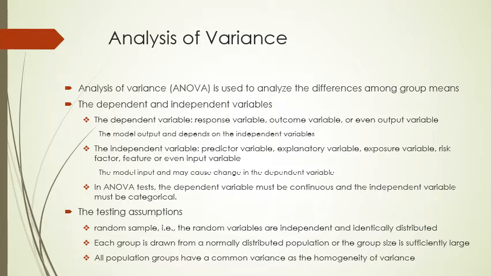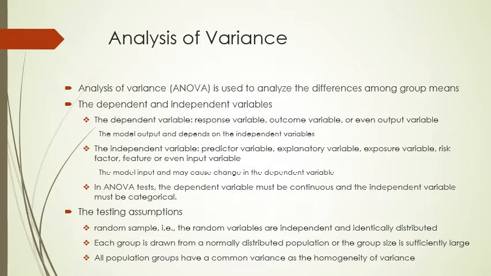It is the model output and depends on the independent variables. The independent variable is also called predictor variable, explanatory variable, exposure variable, risk factor, feature, or even input variable. It is a model input and may cause a change in the dependent variable.